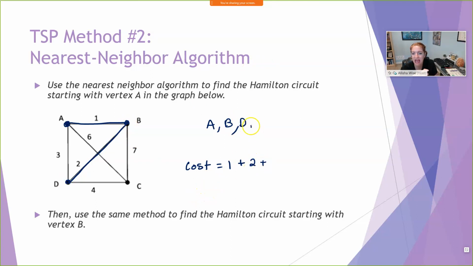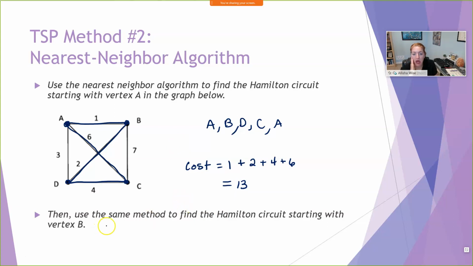And then where do we have to go next? C. We have to go to C. And then we have to go back home, which is A. Okay, so that looks like 13.